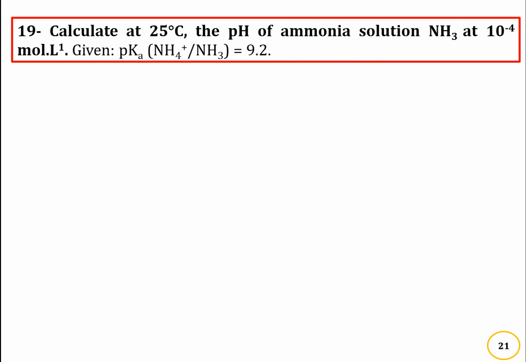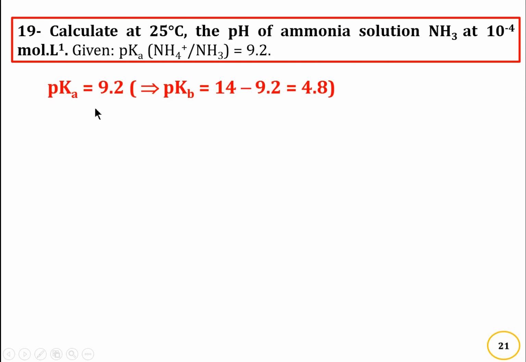And Ka and Kb of the same couple are related according to Kw. So pKa plus pKb equals pKw equals 14. So pKb equals 14 minus 9.2 equals 4.8.